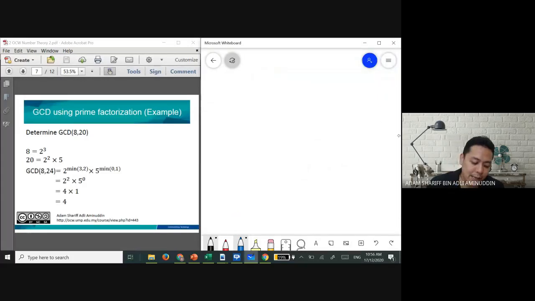Determine GCD between 8 and 20 based on the step. You boleh tengok dulu yang kiri, dapat idea. And if you already get it, try to find the GCD between, sekejap saya tengah fikir nilai, susah nak dapat nilai terus ni.